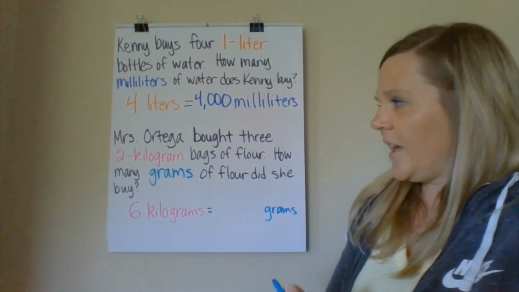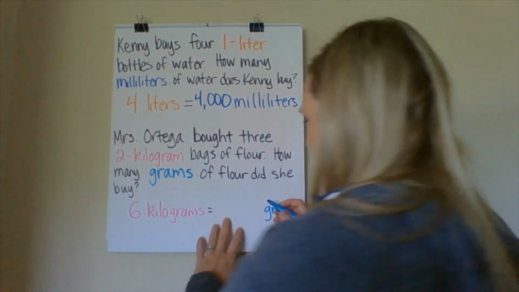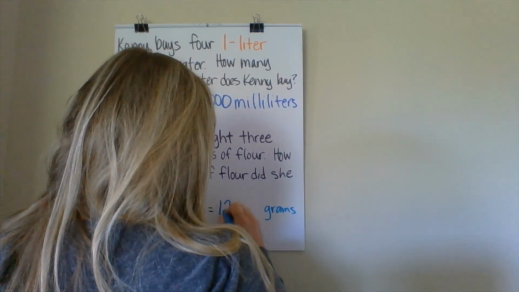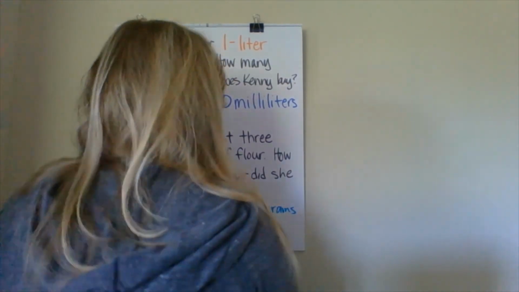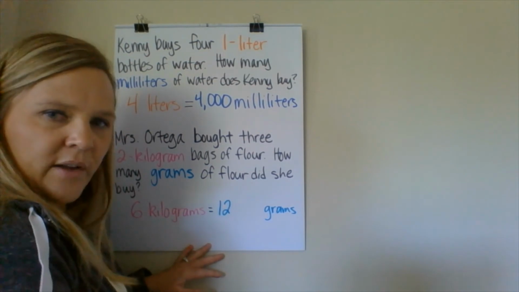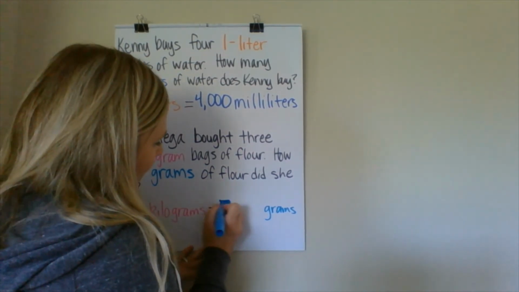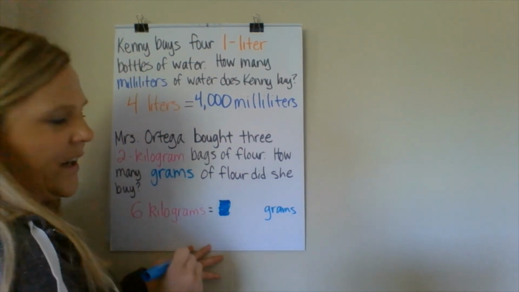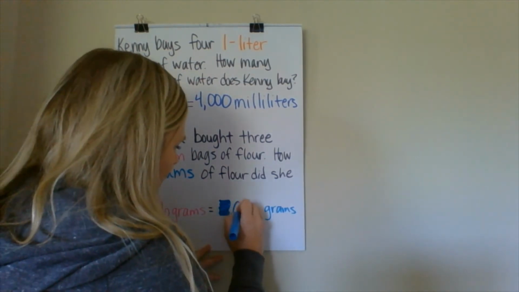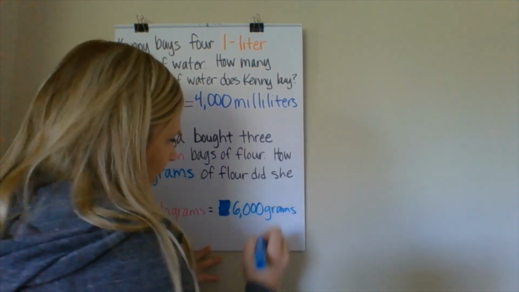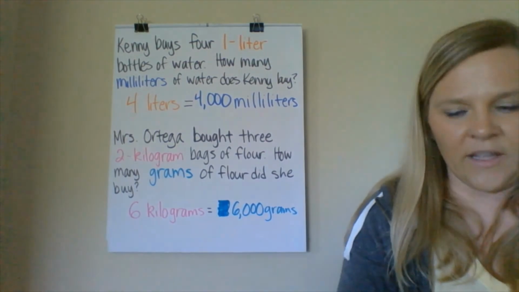So 6 times 1,000 equals, oopsie, for some reason I just wrote 12. I was thinking the 2-pound bags, I think. So 6 kilograms times 1,000 equals 6,000 grams.